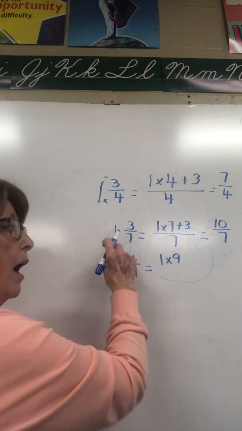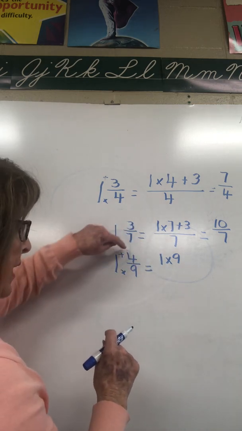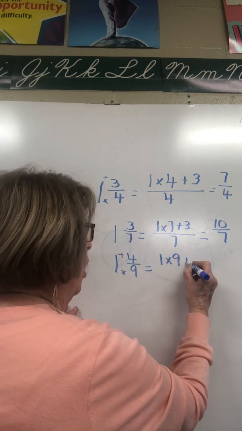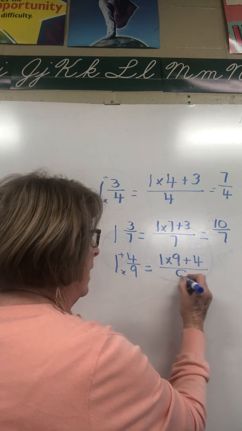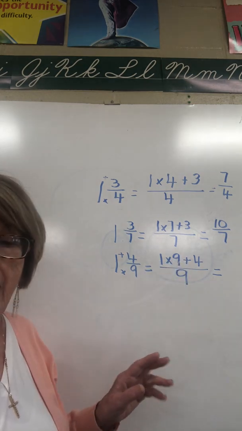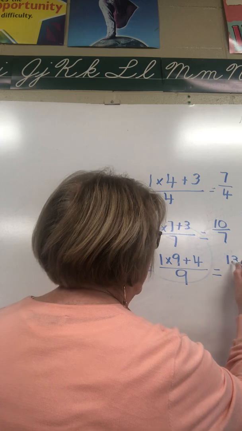It's kind of like doing a C backwards. You're going to multiply, then add to that. 1 times 9 is 9, plus my 4. I place it over the same denominator of 9. 9 times 1 is 9, plus 4 would be 13/9.